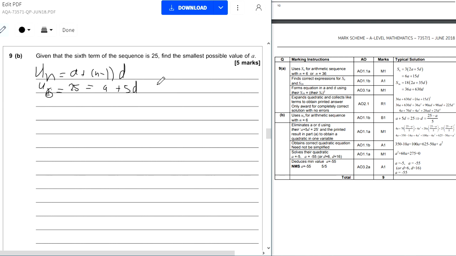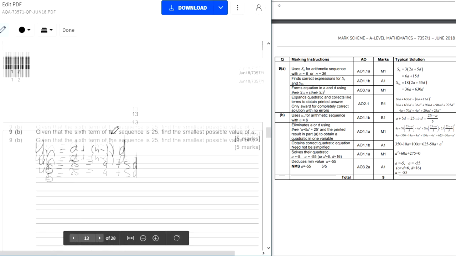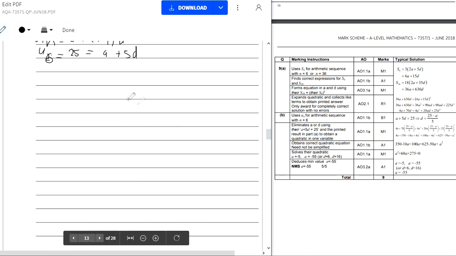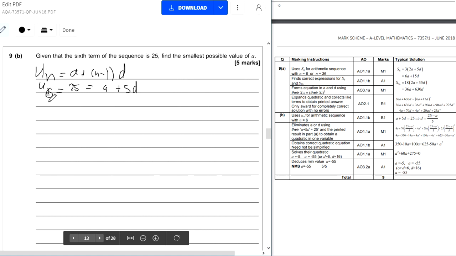It's going to be a bit interesting to combine them because we've got a polynomial and a linear equation. But there's a quick win here. When we were doing this expansion here, we have (2a plus 5d) squared is equal to that. Here we have just (a plus 5d) squared equal to that.